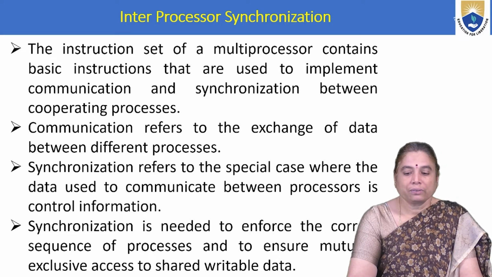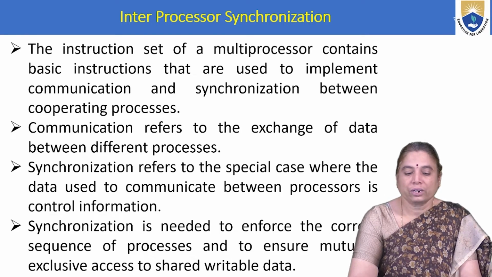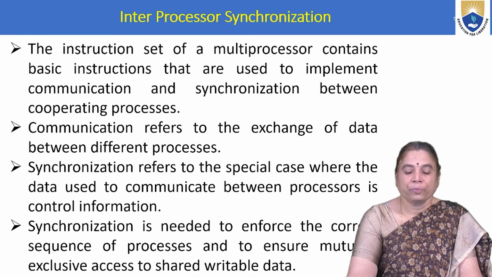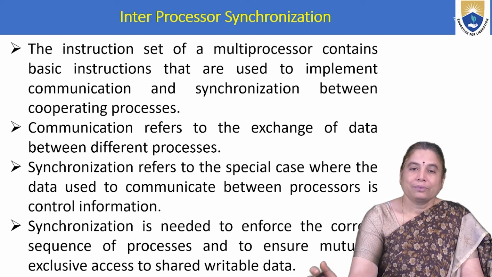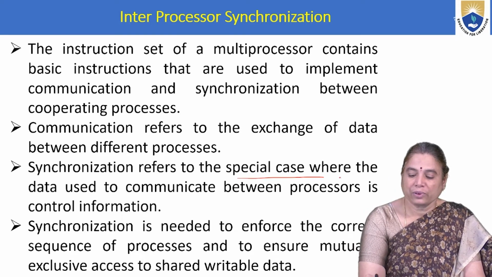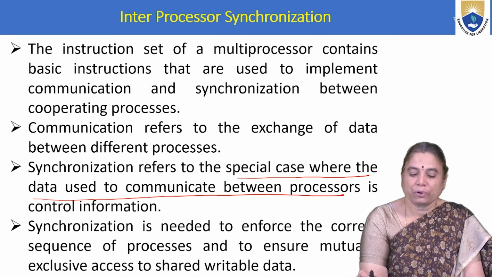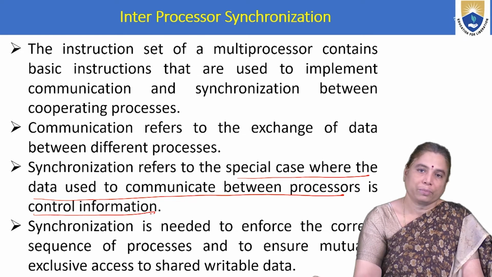The instruction set of a multiprocessor contains some specialized instructions to communicate and synchronize between cooperating processes. Communication refers to the exchange of data between different processes. Synchronization refers to the special case where the data used to communicate between processors is control information.